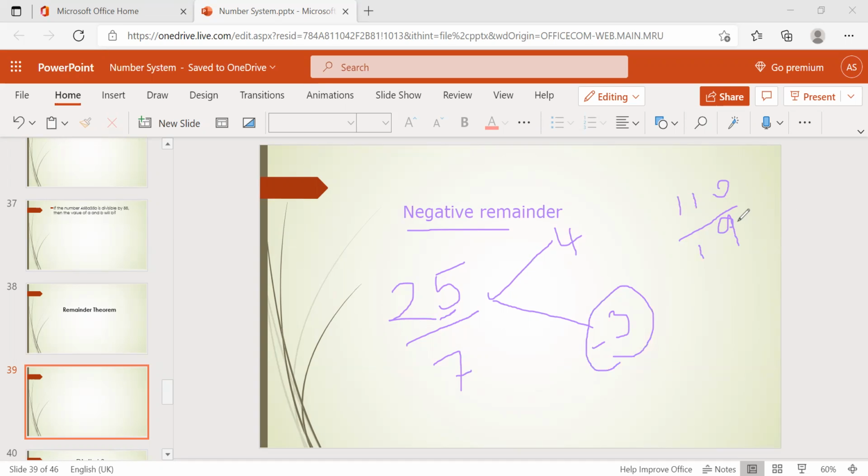Multiple of 5. So 19 fives is 95. The remainder is 15. And what is the nearby greater value? 114. It is minus 4.